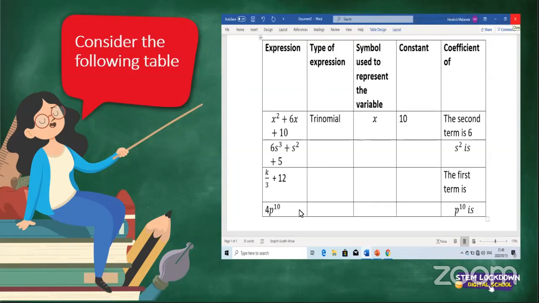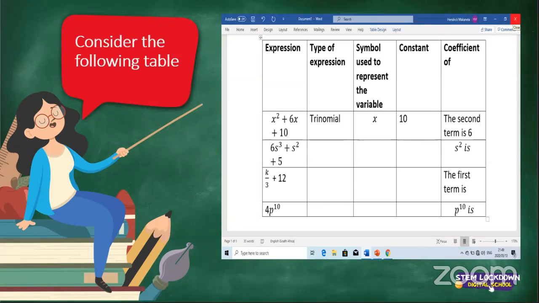So the 0, even if it's not there, we know it's there all the time. You don't have to write it. So when it comes to the constant, you can say the constant is 0. But even if you say there is no constant, you are still fine, because nothing means 0. So you are correct when you say the constant there is 0.